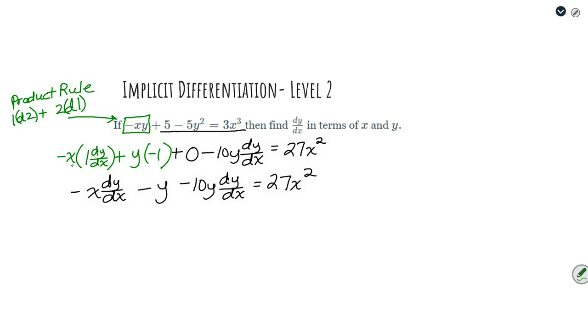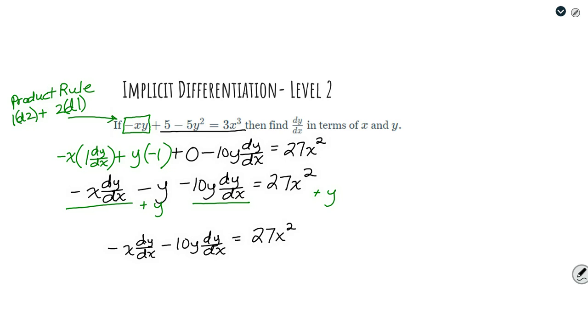Then I'm looking for the dy/dx terms. So I need to add y to both sides to isolate the dy/dx. So negative x dy/dx minus 10y dy/dx equals 27x squared plus y.